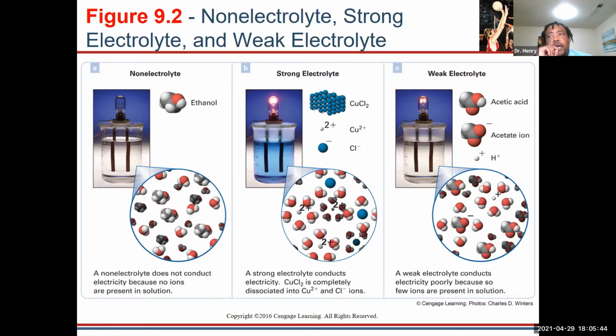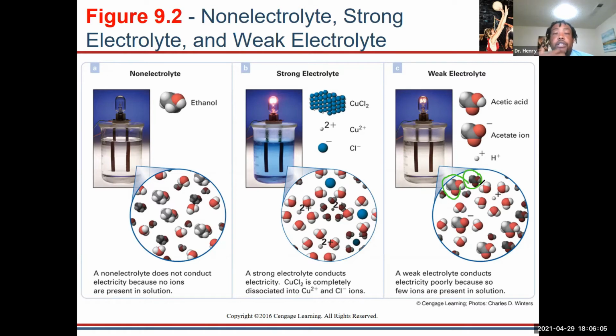Now, a weak electrolyte doesn't dissociate completely. It partially dissociates. So if you take a look here, I'm going to draw this out. This is acetic acid when it's not dissociated, so the hydrogen is still attached to it.